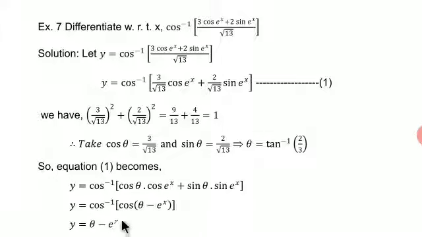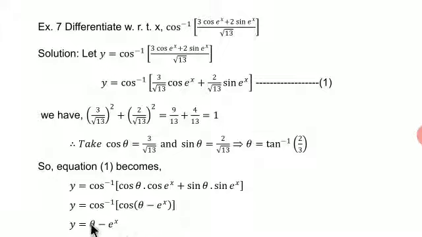Now differentiating this, remember one step here. The answer is 1 also, plus e^x also. Why? If we take this term as first term and this as second term, means cos e^x into cos theta plus sin e^x into sin theta, we can write this as cos of (e^x minus theta) also. Means we get two values for y, theta minus e^x or e^x minus theta.